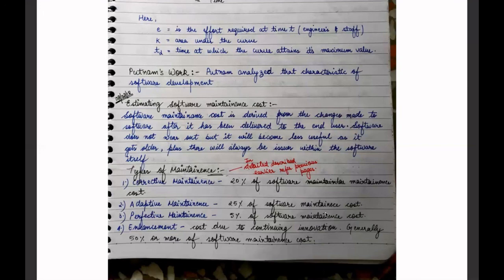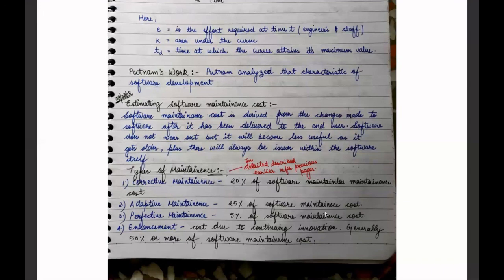Preventive maintenance. This includes modifications and updations to prevent future problems of the software. It aims to attend to problems which are not significant at this moment but may cause serious issues in the future.